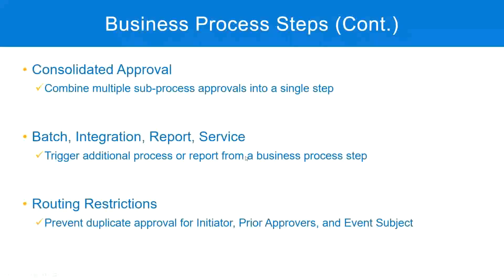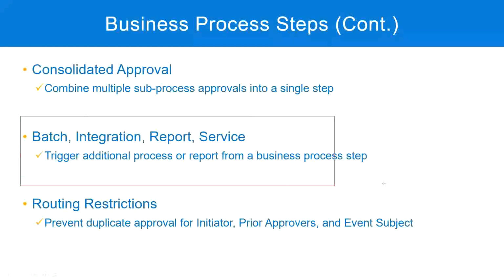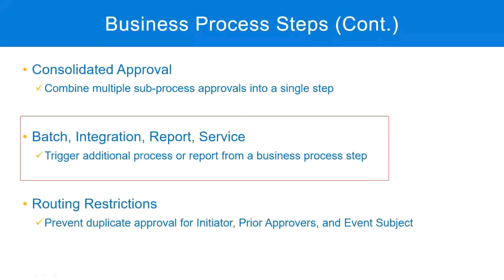So there are some other types of tasks that we can also have from within a business process, like a batch, an integration, a report, or a service. We can trigger all of these from within a business process. You can trigger an integration, you can trigger a report or a service. We will use this a lot when we are talking about integrations.